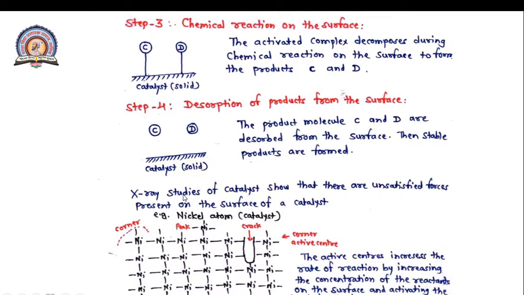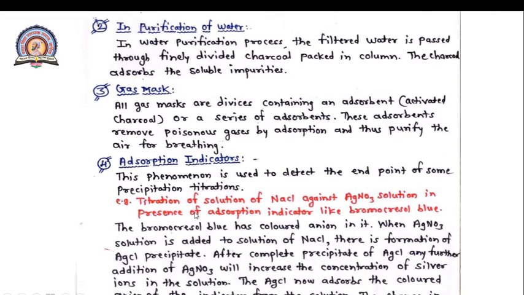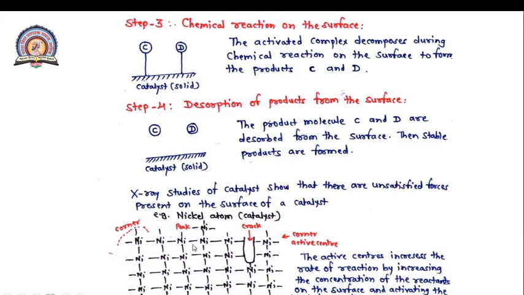X-ray studies of catalysts show that there are unsatisfied forces present on the surface of a catalyst. Here, on the nickel catalyst, these are the corners, the peaks, and this is a crack. The corners are the active centers.